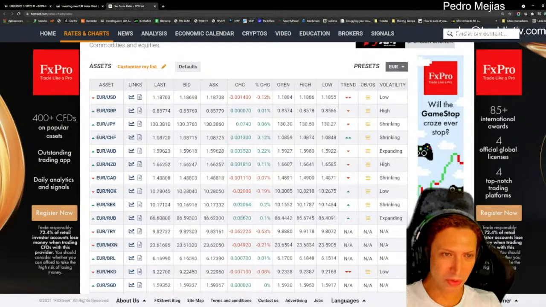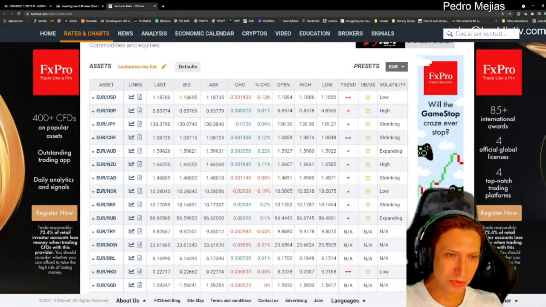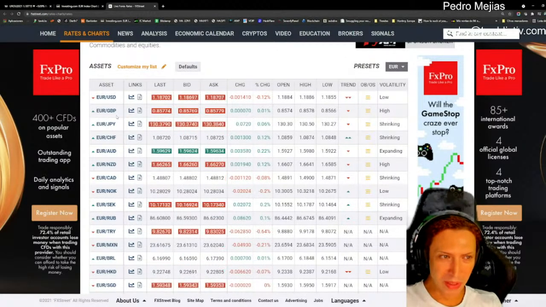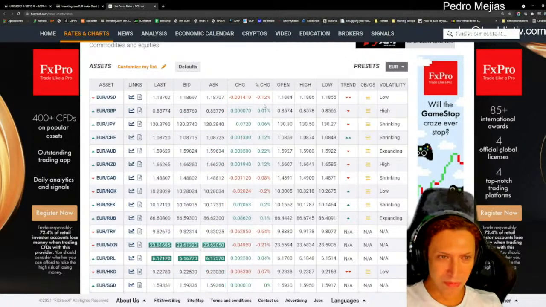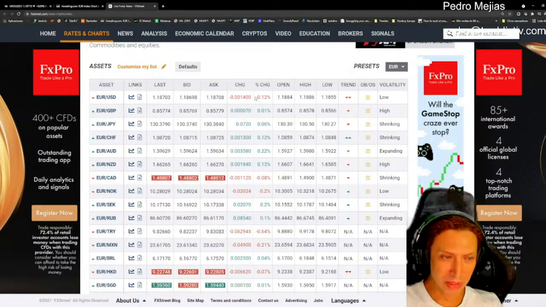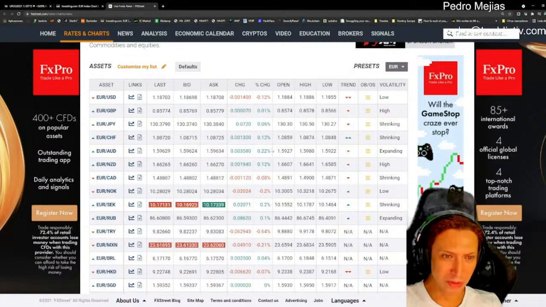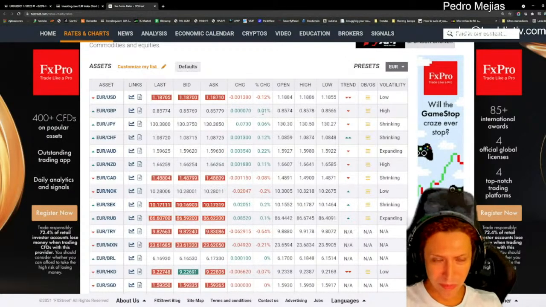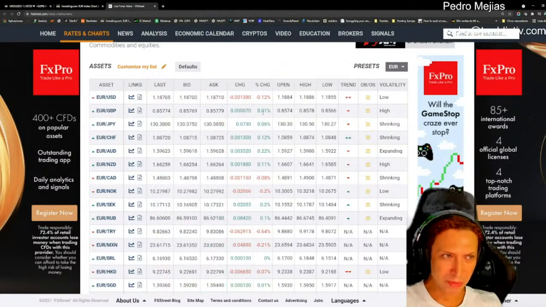Of course, the dollar is the strongest currency and is the one we should pay more attention to. But always keep in mind that the dollar might be the one that is actually stronger, while the euro is strong against the other currencies right now. So depending on what the dollar does today, it will pretty much influence what the euro is going to be doing. So keep that in mind.